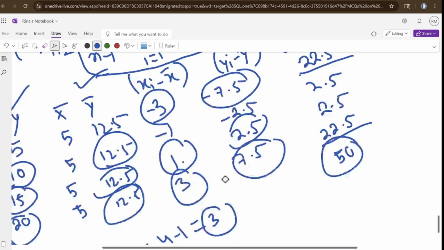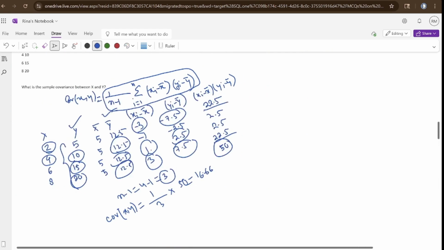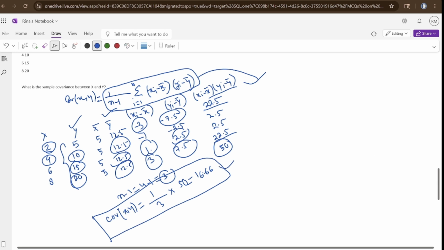So now we can write 50 divided by 3, which is 16.67. So let's understand how we calculated. We calculated x bar, y bar, x minus x bar, y minus y bar, multiplied them, and put in the 1 by n minus 1 formula. This is how you can calculate covariance.